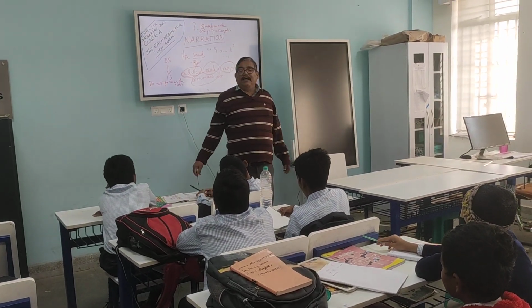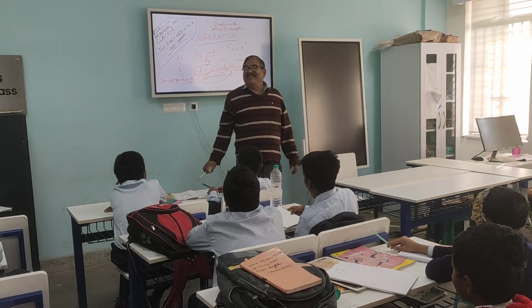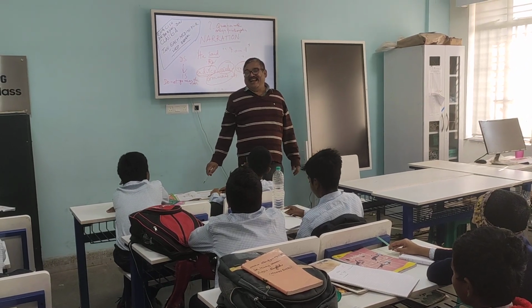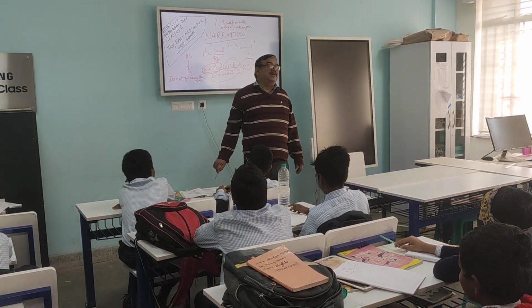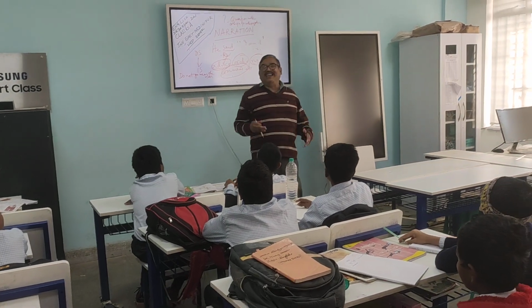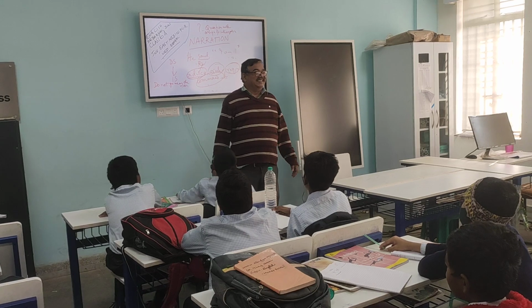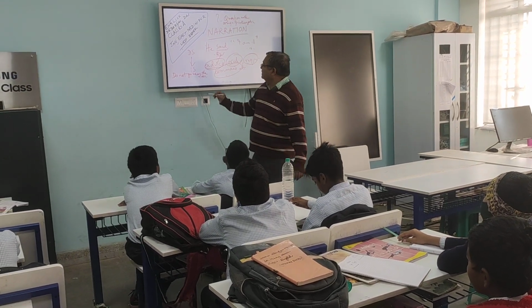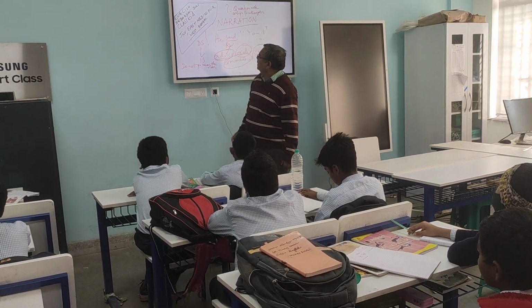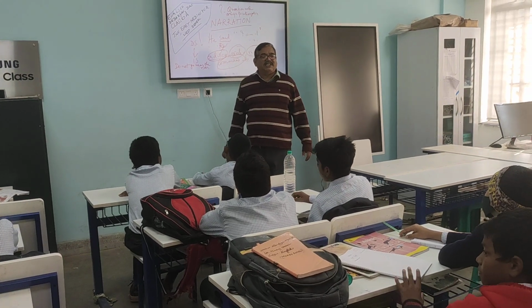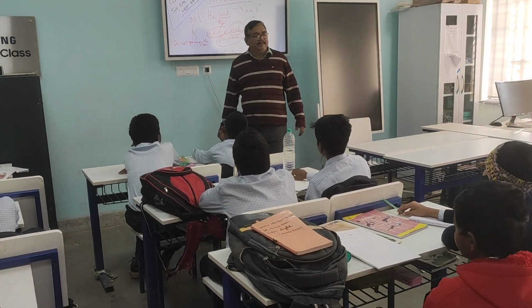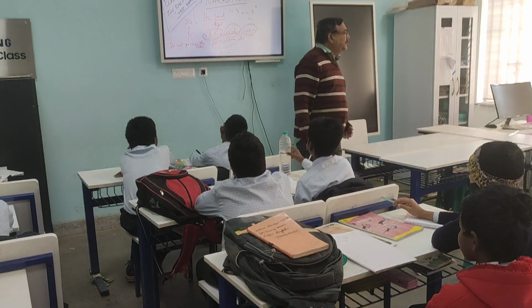Now the next kind is the exclamatory sentence. An exclamatory sentence expresses sudden feeling of joy or sorrow. What a nice thing it is! What a beautiful flower it is! Where the sentence ends, there will be one exclamation mark, the other name of which is note of exclamation.